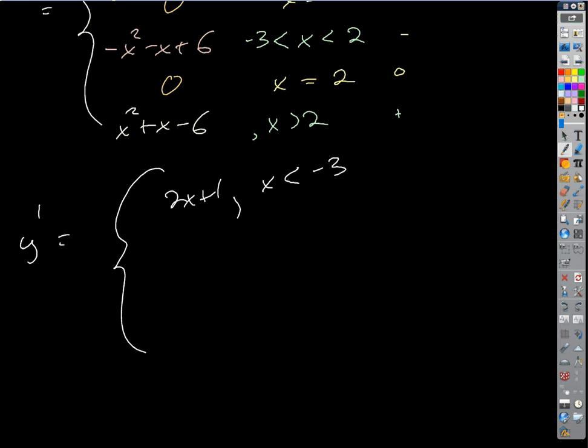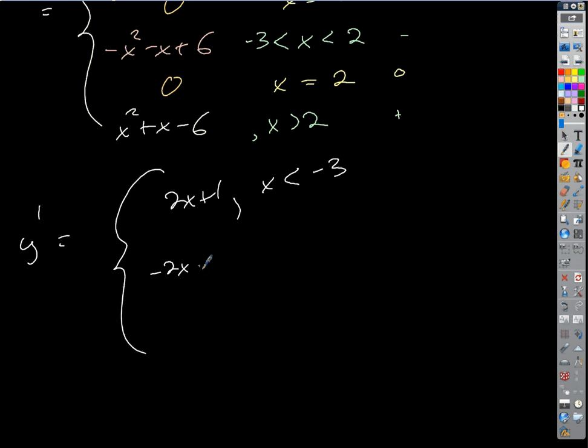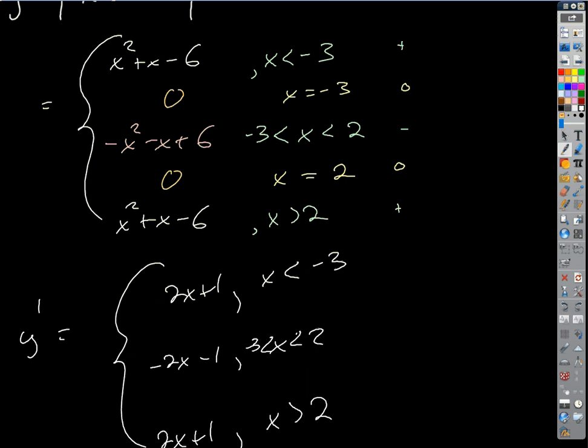It's negative 2x minus 1 where x is greater than negative 3 and less than 2. And it's 2x plus 1 where x is greater than 2. Okay? Here's a question for you. What about at negative 3 and positive 2?